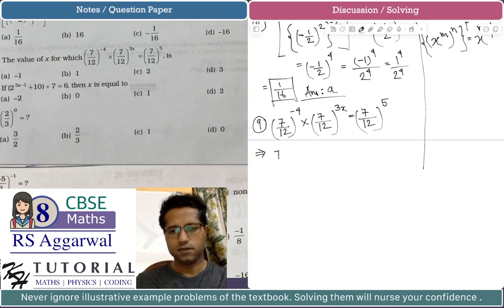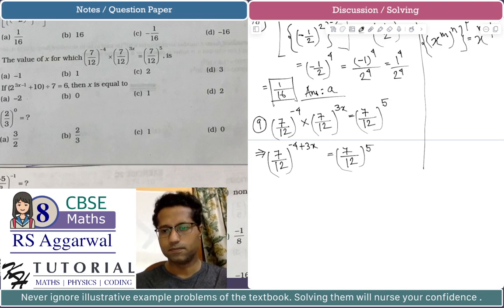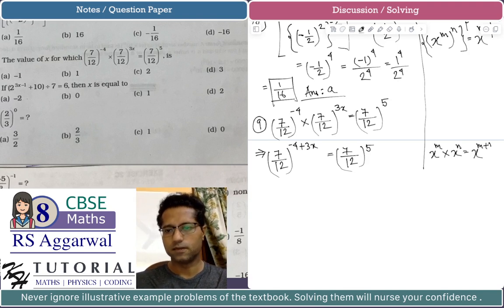So this will be 7 by 12 raised to the power minus 4 plus 3x. And the right hand side we have 7 by 12 raised to the power 5. So over here the concept applied is x raised to the power m multiplied by x raised to the power n is equal to x raised to the power m plus n.